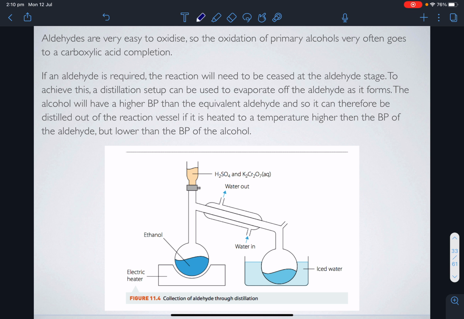So they'll have the higher boiling points, and the aldehyde will have the lowest. So you can find the temperature in between, evaporating the aldehyde away before it reacts. That's the best way to do it.